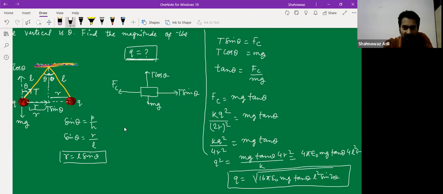So here in the question, we cannot express this magnitude in terms of r unless r is given. If r is given some value, then we can write the value. But if r is not given, then we write in terms of the length of the string, because we always know the length of this string, and theta is known.